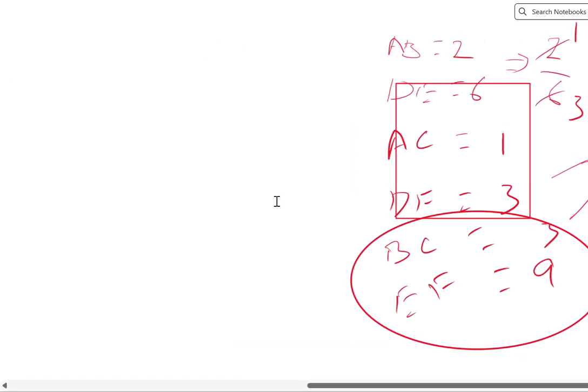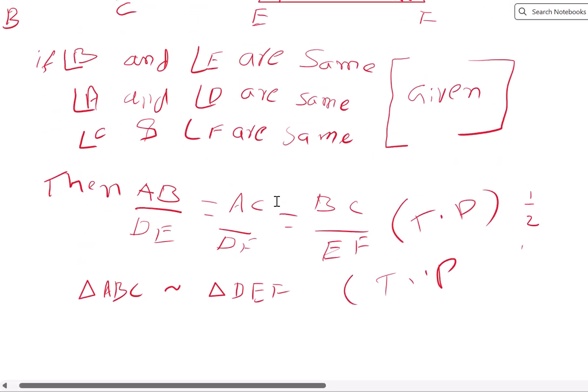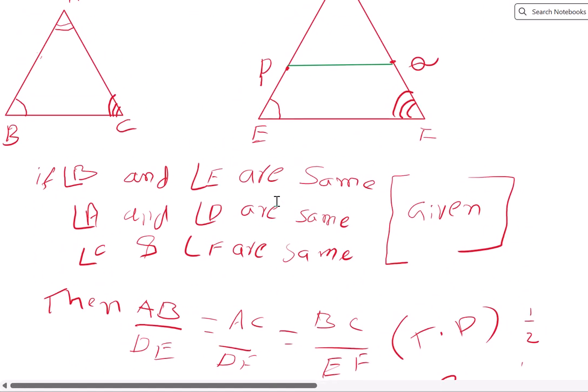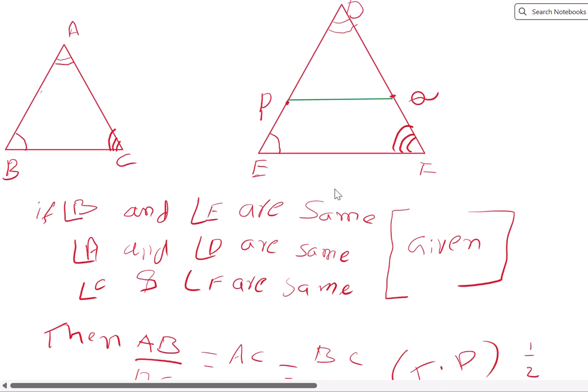Okay, now we'll go back to the proof. To prove this, we are doing a construction of a line between P and Q in the second triangle, which is the bigger one.